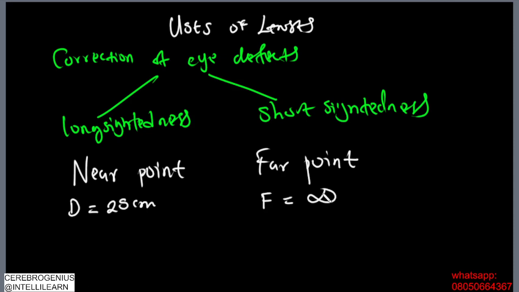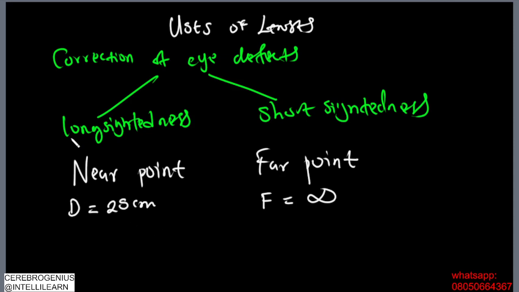That means that when an object is very far away from you, you can still notice the object without ever stressing your eye. So when an object is at far point, it is very far away from you. That's why we are saying the distance is infinity, and you can still notice the object even though it might not be clear. But when an object is very close to you, it can't get closer than 25 centimeter, and once it gets closer than that particular point, you stop to see the object.